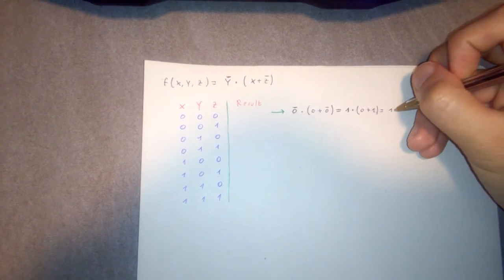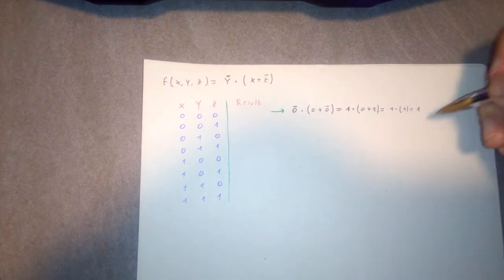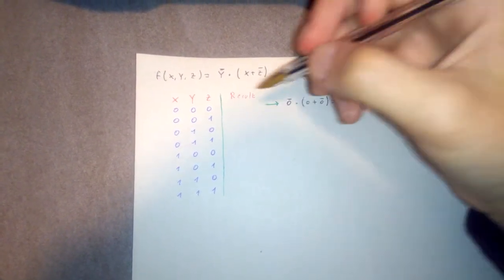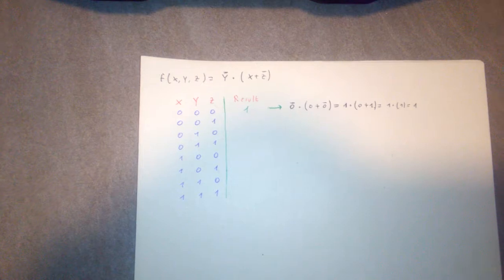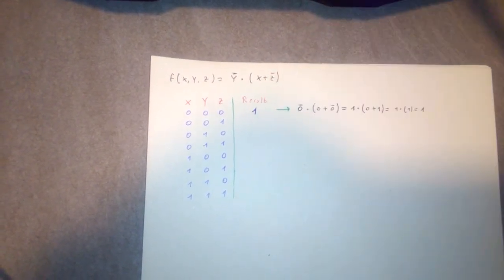So you get 1 times 0 plus 1 is 1. 1 times 1 is 1. So the output of this first line is 1.